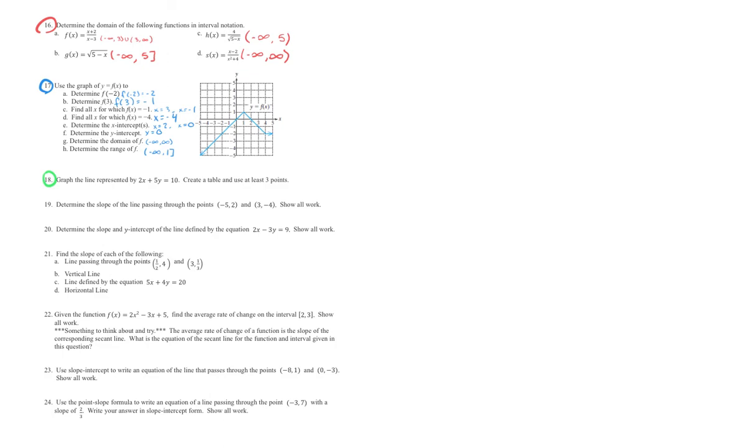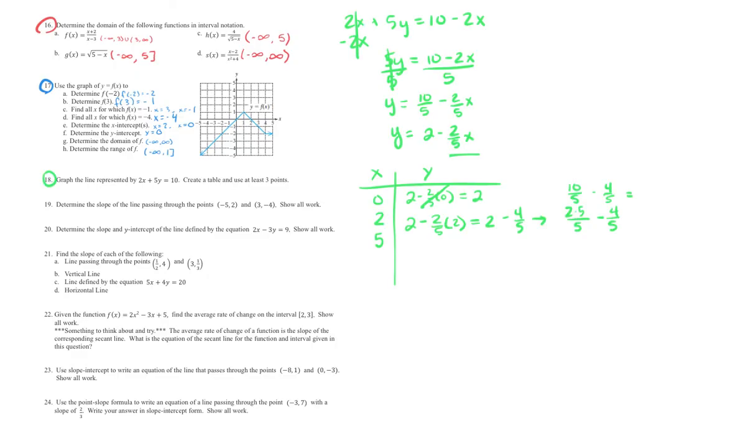We're going to have 2 minus 2 over 5 times 2. So 2 minus 2/5 times 2 will equal 2 minus 4 over 5. So this would actually turn into 2 times 5 over 5 minus 4/5. So this will be 10/5 minus 4/5, which will equal 6/5.